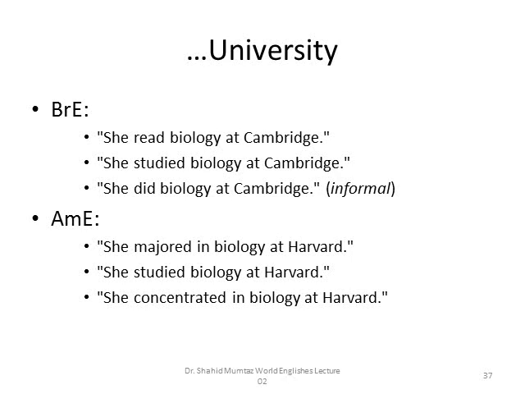In American English, she majored in biology at Harvard. She studied biology at Harvard, and she concentrated in biology at Harvard. I can't say anything about the last sentence here. She concentrated in biology at Harvard. Does it give this meaning? Very strange for me, myself at least.